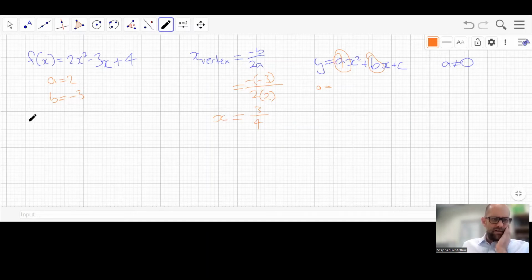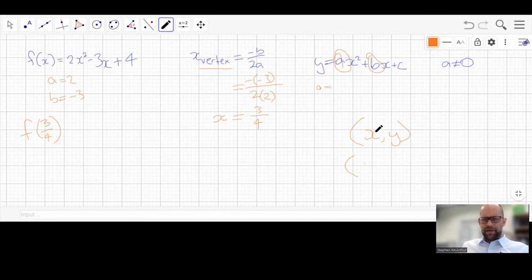Now, what we need to figure out is what y equals when x equals 3/4. The reason we need to do this is because we are finding the vertex. The vertex is a point, an x and a y.